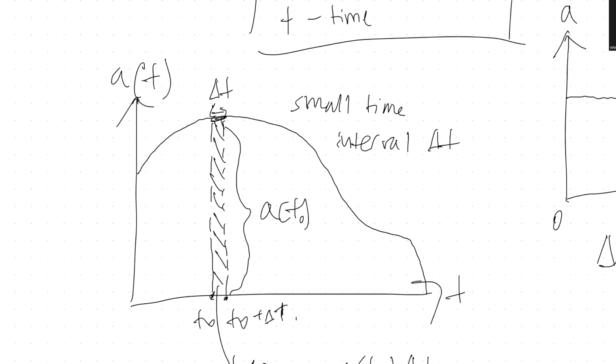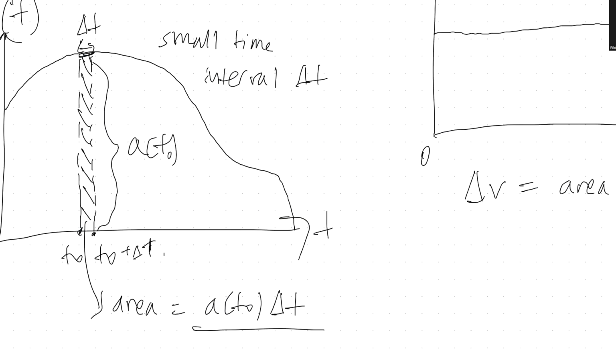But what we actually know is that a change in velocity is defined by acceleration times time, because your acceleration is equal to your change in velocity over change in time. This is how we define our acceleration. And so your acceleration times your infinitesimal time interval will be a small change in velocity.